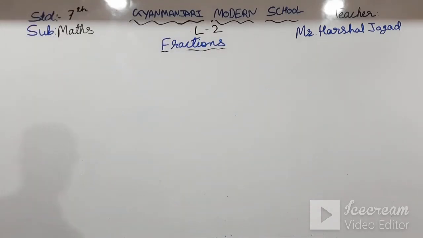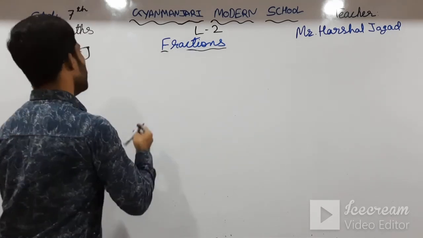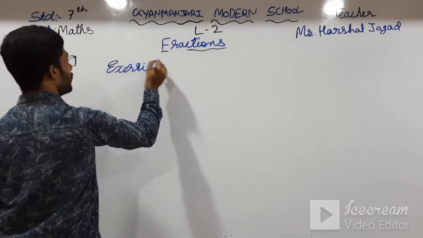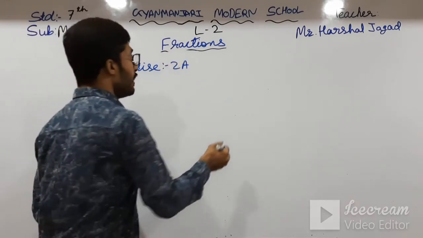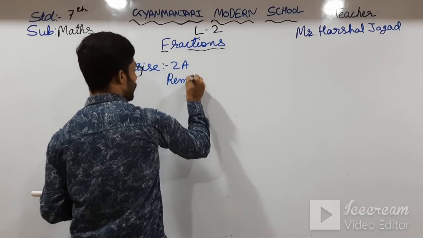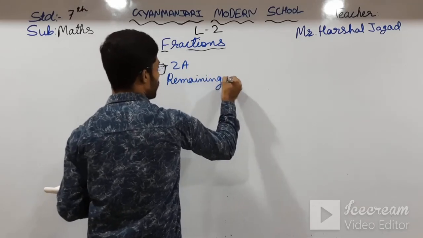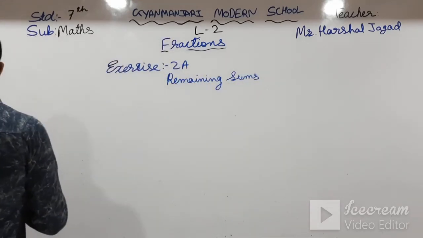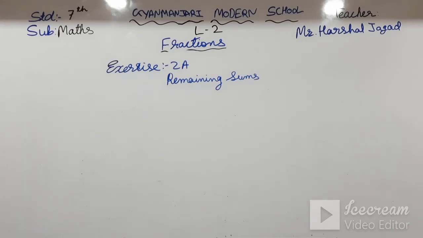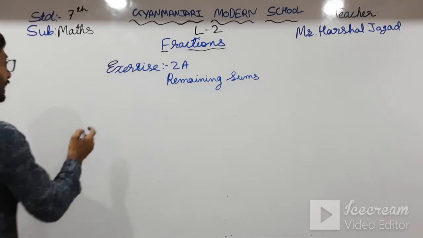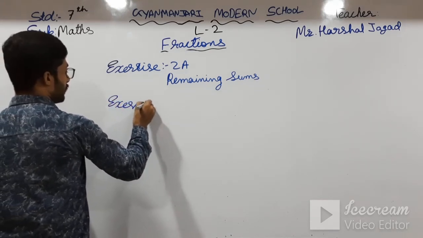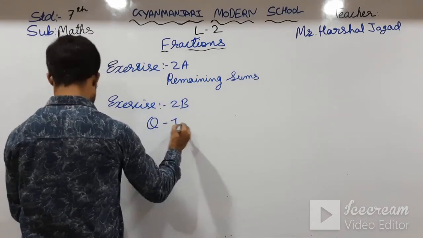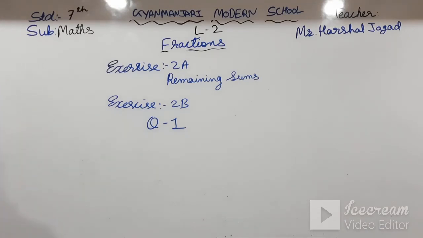Your today's homework: exercise 2A, the remaining sums, in your fair book, and from exercise 2B, question number 1, that is, find the reciprocal of the following.